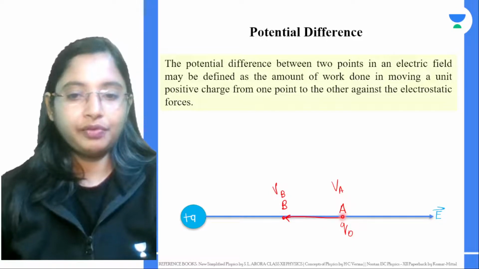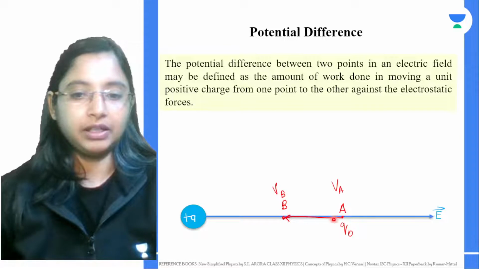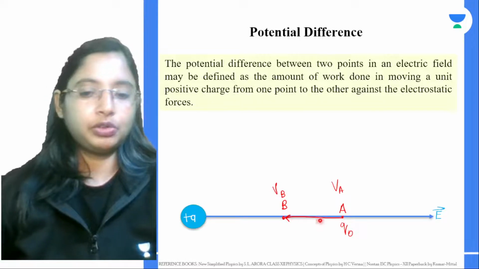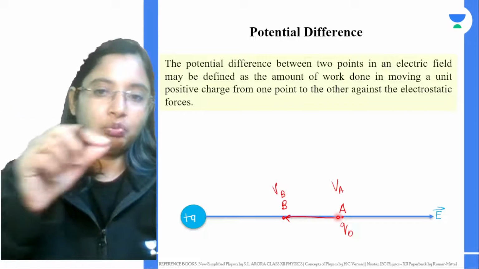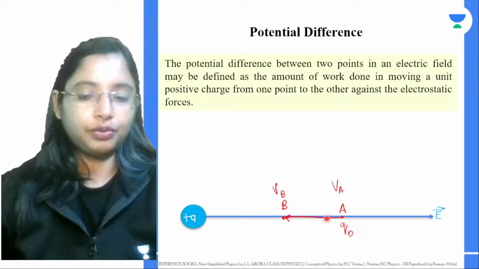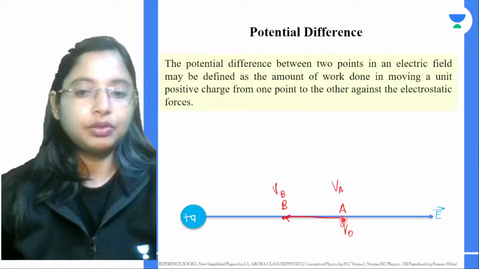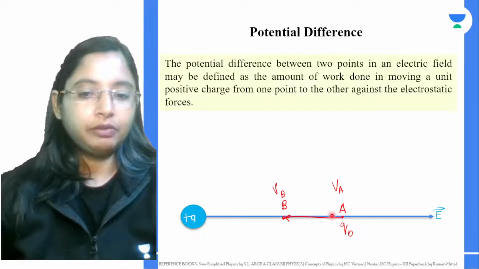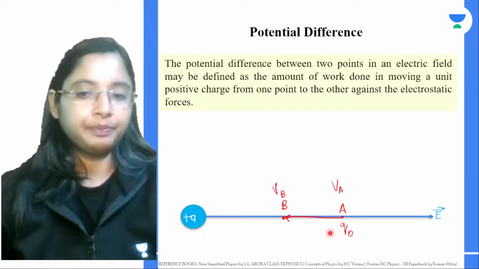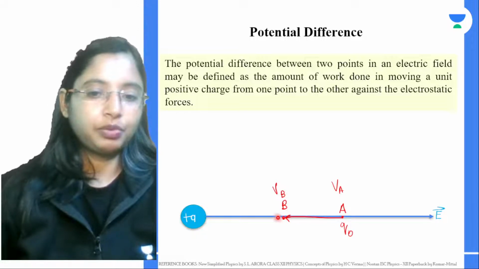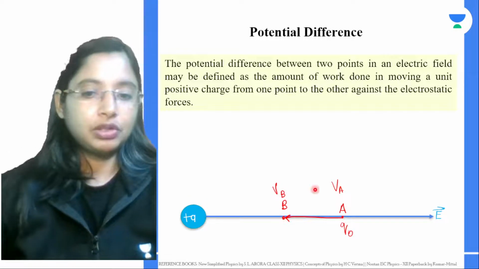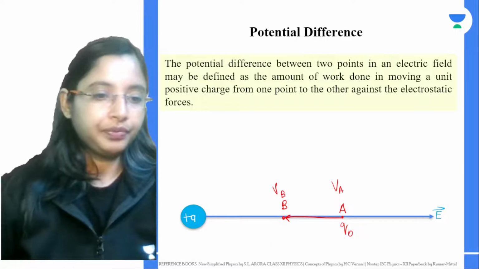As you're moving from point A to point B, you might need more force to push, so the work done will be even more against this electrostatic force. As you move the charge from this point to this point, the repulsive force is also increasing, so work done is also more.